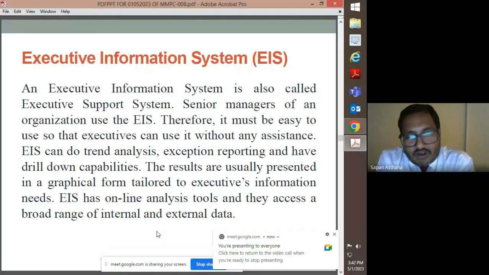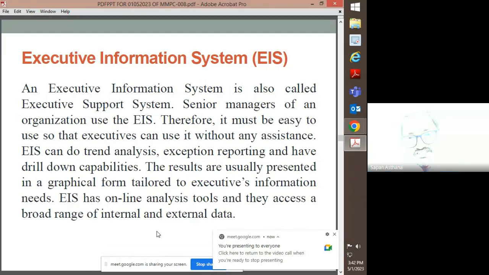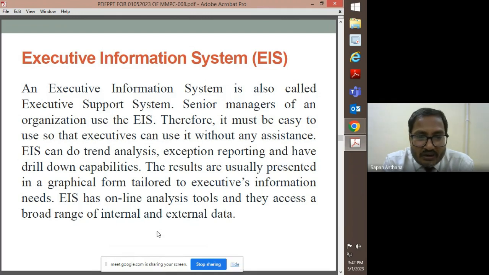Executive Information System, EIS. An executive information system is also called an executive support system. Senior managers of an organization use the EIS. Therefore, it must be easy to use so that the executives can use it without any assistance. EIS can do trend analysis, exception reporting, and have drill down capabilities.